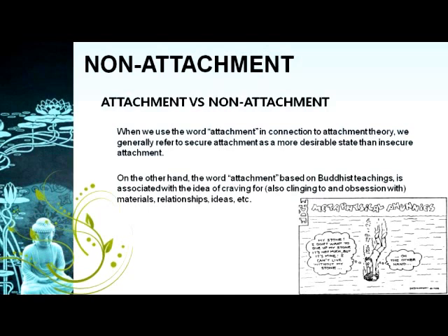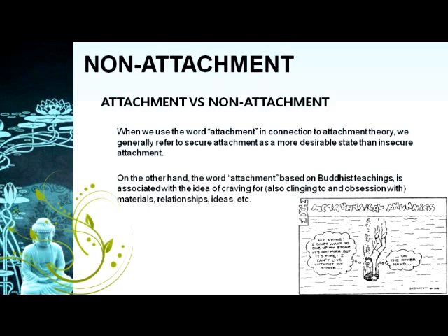When we use the word attachment in connection to attachment theory, we generally refer to secure attachment as a more desirable state than insecure attachment. When a person is securely attached, she has a more accurate, objective, and positive view of her parents or caregivers but does not cling to them, even when they are not physically available.